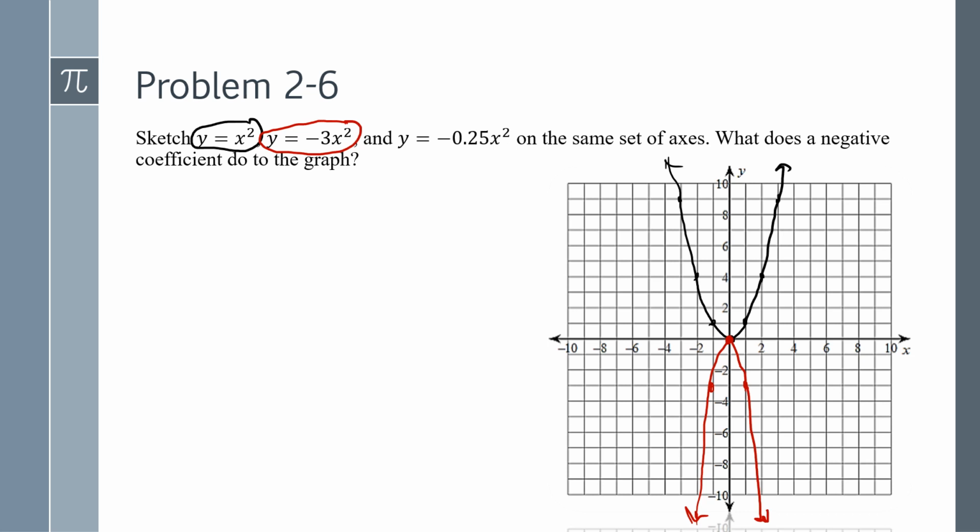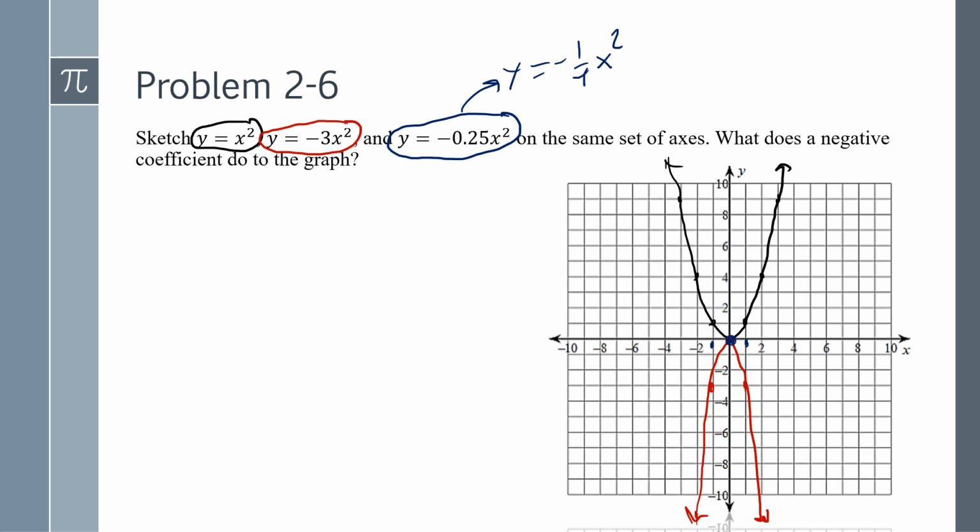So that's interesting. We'll do this last graph in a bluish color. Remember, -1/4 x squared: I'm thinking about it as y equals -1/4 x squared. So I'm going to take x squared and multiply the y values by a fourth, essentially. 0 squared is 0, times a fourth is still 0. 1 squared is 1, 1 times -1/4 is -1/4, so that goes there.